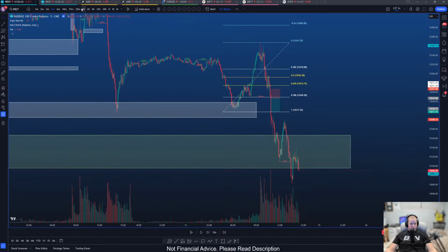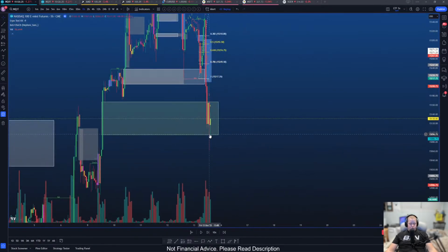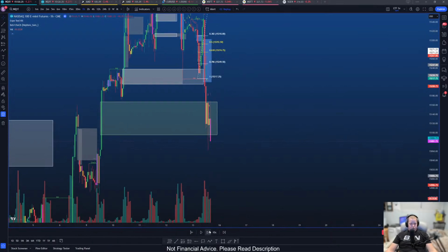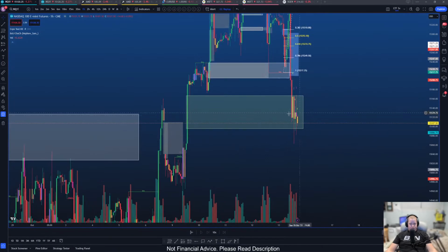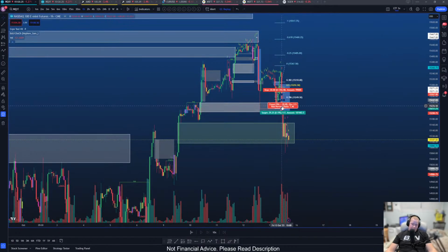So remember, if we're looking at the 1 hour, I want to see a 1 hour close under that level before I think that we're going short for the whole trend. And we never closed. I got 100 points out of it today, but NQ closed right at that 1 hour PD array.